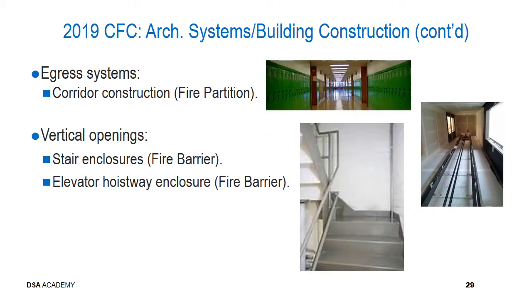And here we have a depiction of corridor construction, i.e. a fire partition, and vertical openings constructed using fire barriers, stair enclosures, and elevator hoistway enclosures. The inspector should note that Section 403.2.3, Structural Integrity of Interior Exit Stairways and Elevator Hoistway Enclosures, as represented in the Building Code, states that for high-rise buildings of risk categories 3 or 4, they need to be constructed in accordance with Section 1604.5.